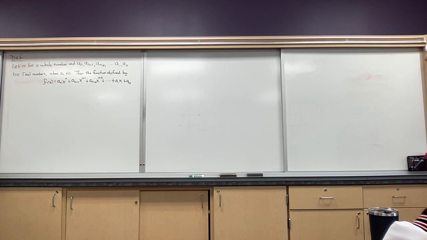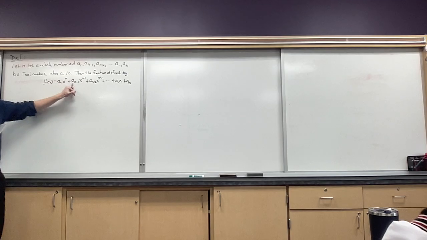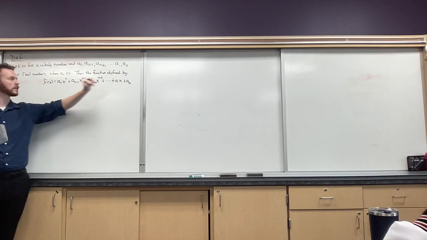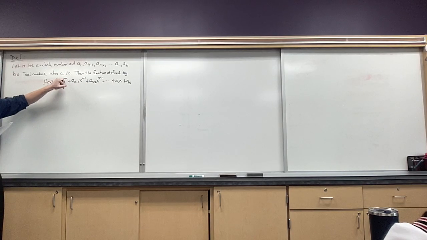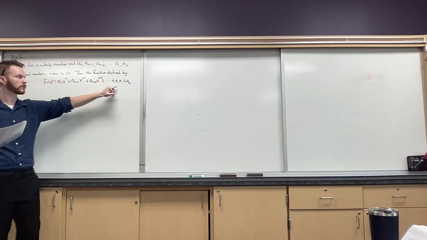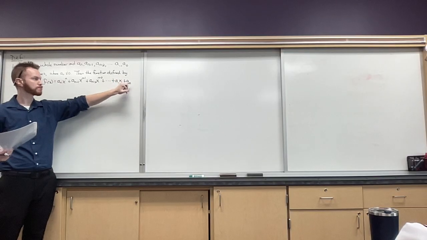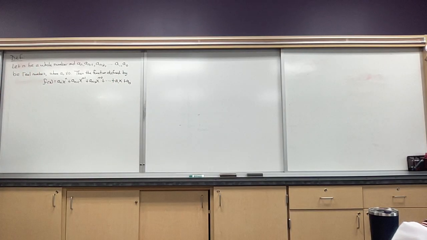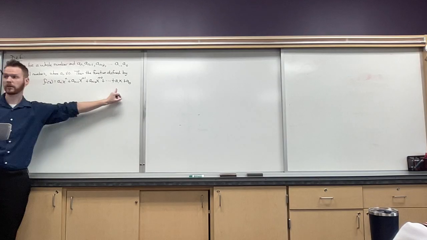Okay, so the a terms are the coefficients in front of your x's. Okay, up here in the numerator is what your largest power or largest degree is, and then one less than that, and two less than that, all the way down to your linear term, and then your constant at the very end. Okay, so we know what a polynomial function looks like, but this is how we write it mathematically.